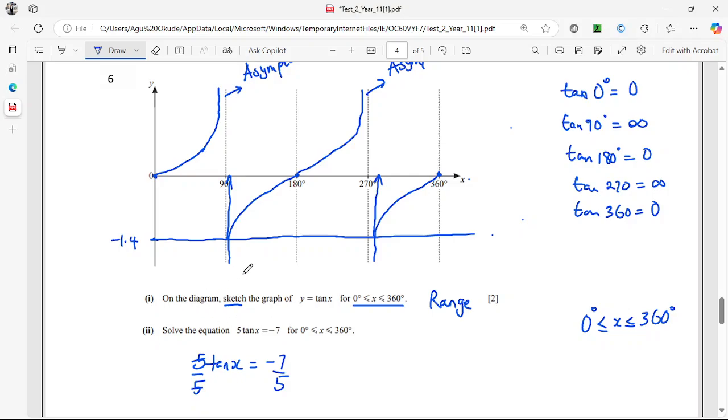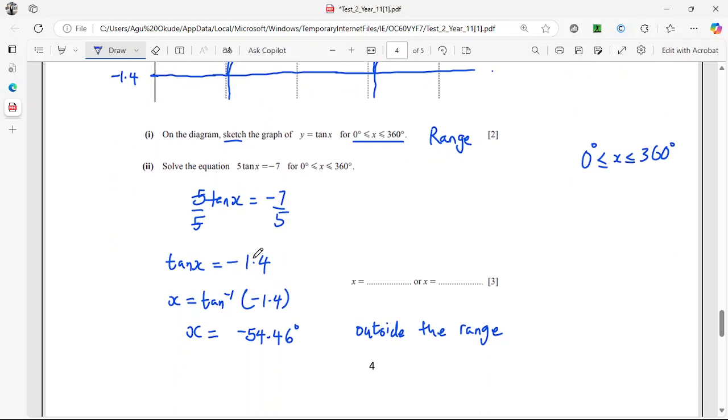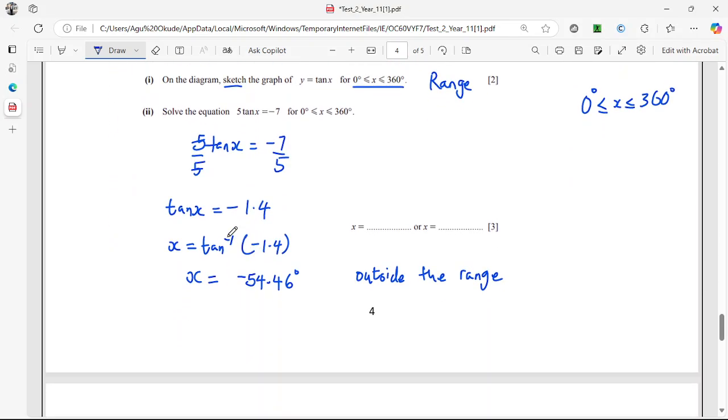Then how do I get the value of those two answers? The idea is that anytime your angle is negative, what you do is add 360 to it, and that makes it positive. So basically I'm doing negative 54.46, and I am adding 360 degrees to it, because that is a full circle.